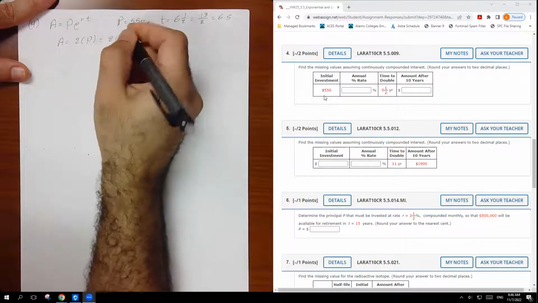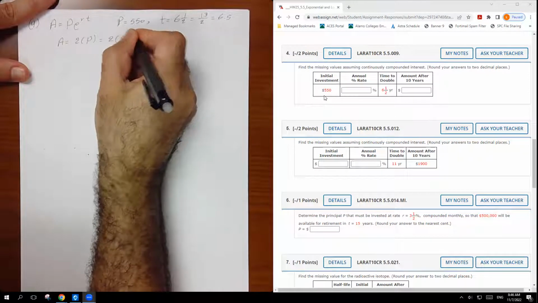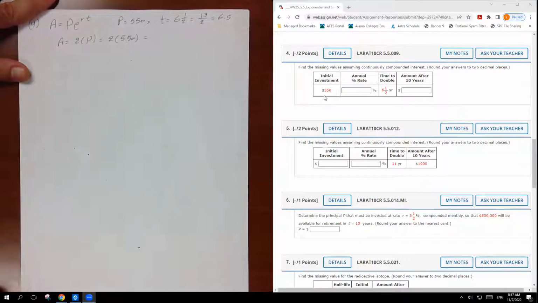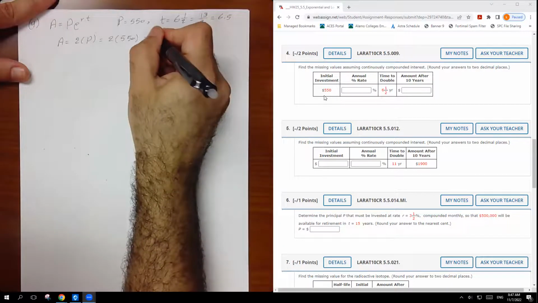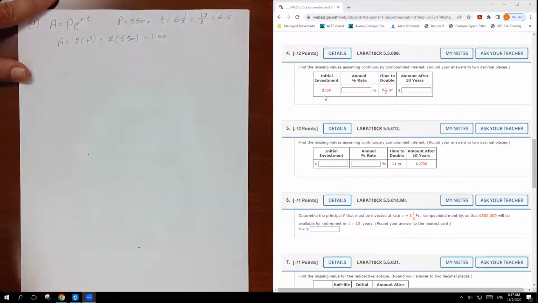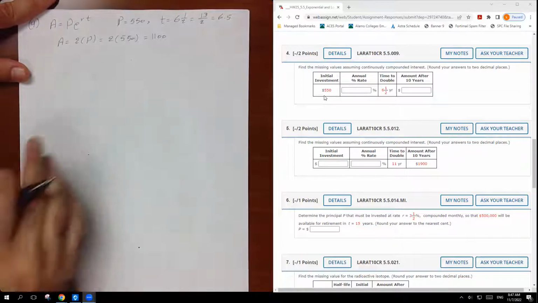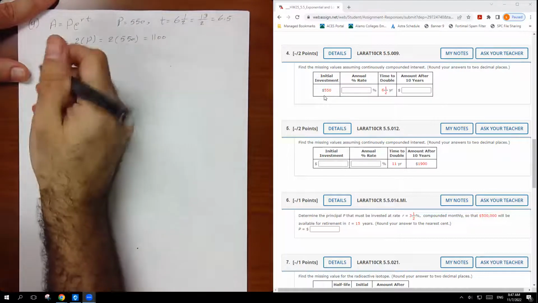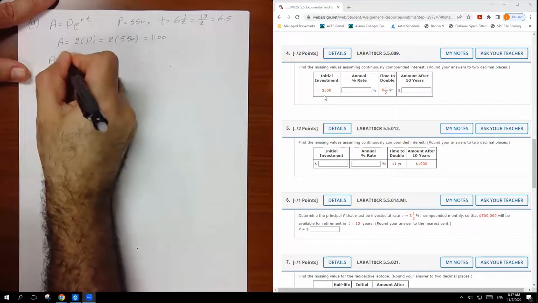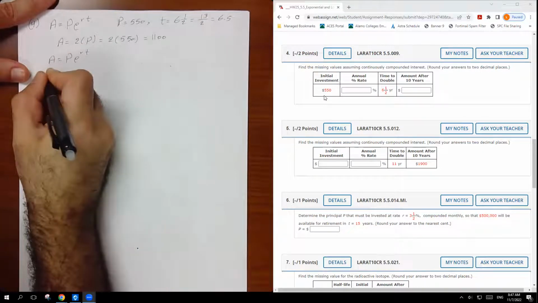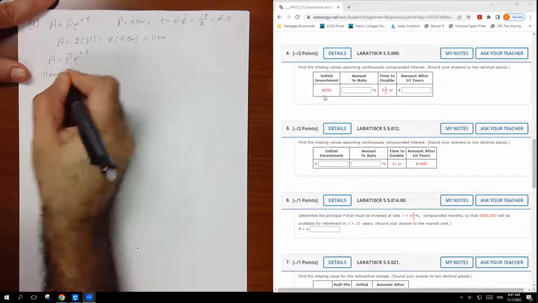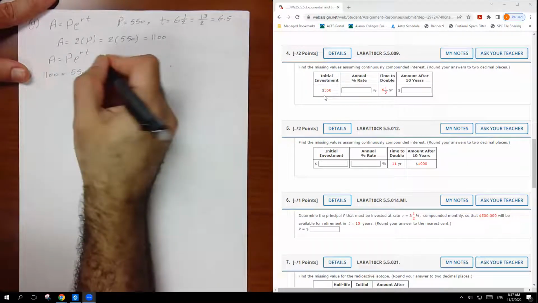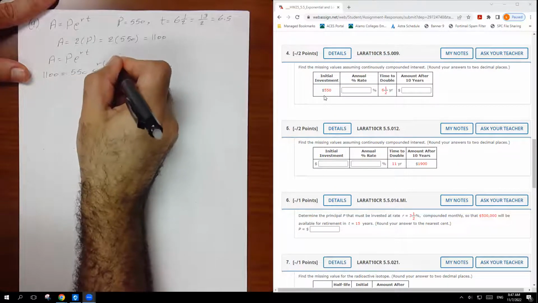It's going to be 2 times 550, which is 1100. So this is our future amount at the time to double the investment. That means A equals P e to the rt. The double amount equals the investment times e to the r, we need to find the rate, but the time is 6.5.